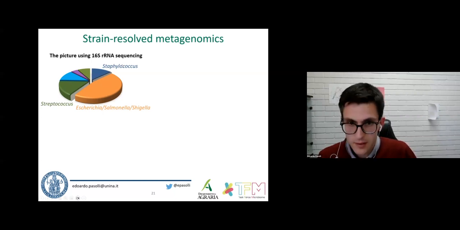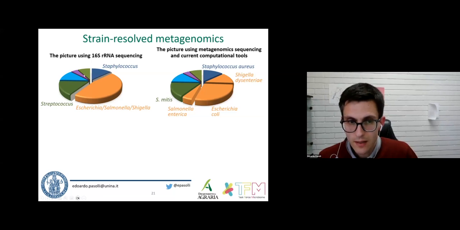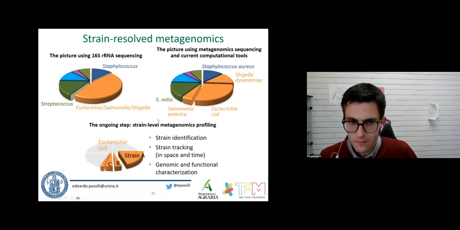Of course, what we intend with strain-resolved metagenomics is strain level resolution. With 16S, years ago we started from here, so we have maybe a genus level resolution of the microbiome. Now there are quite established tools for metagenomics that perform species level resolution, generating taxonomic profiles at species level.